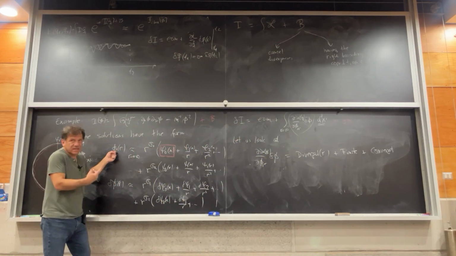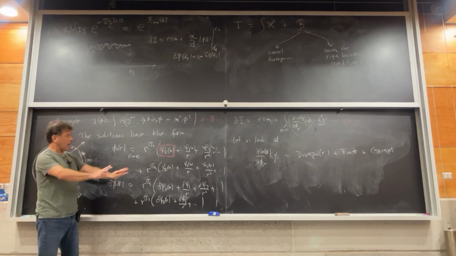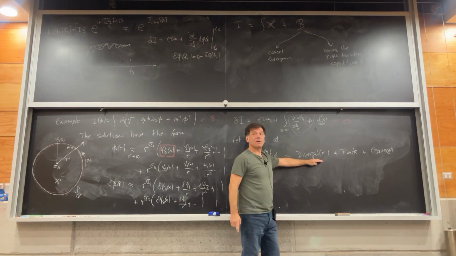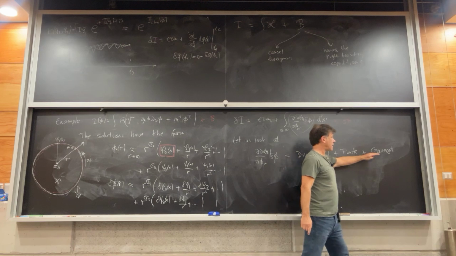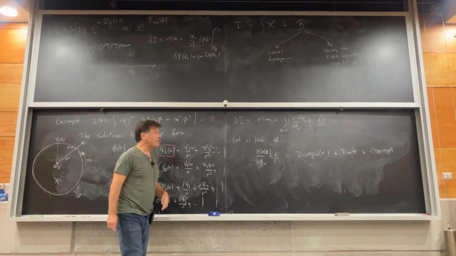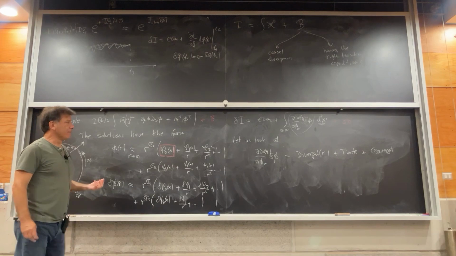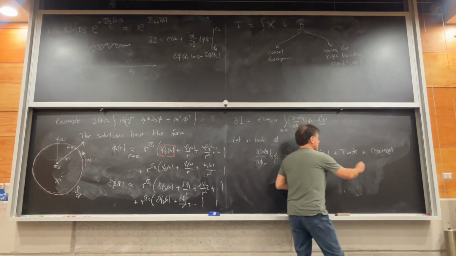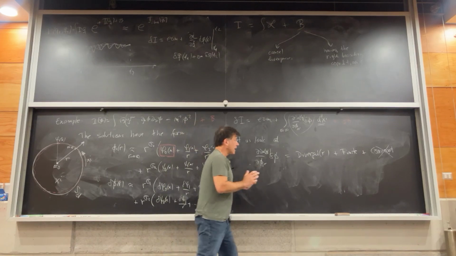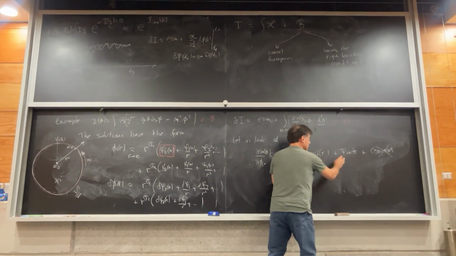I plug it in, and I will pick up terms which blow up when r goes to infinity, terms which are finite, and things which are convergent: 1 over r, 1 over r squared, etc. Of course, these last ones I don't even need to look at, they will disappear. The important ones are this one and that one.